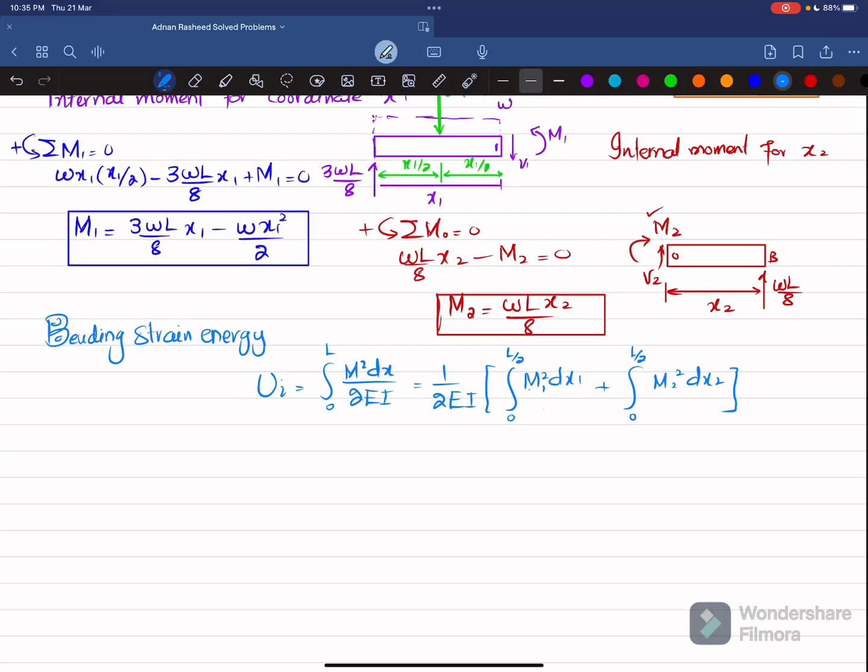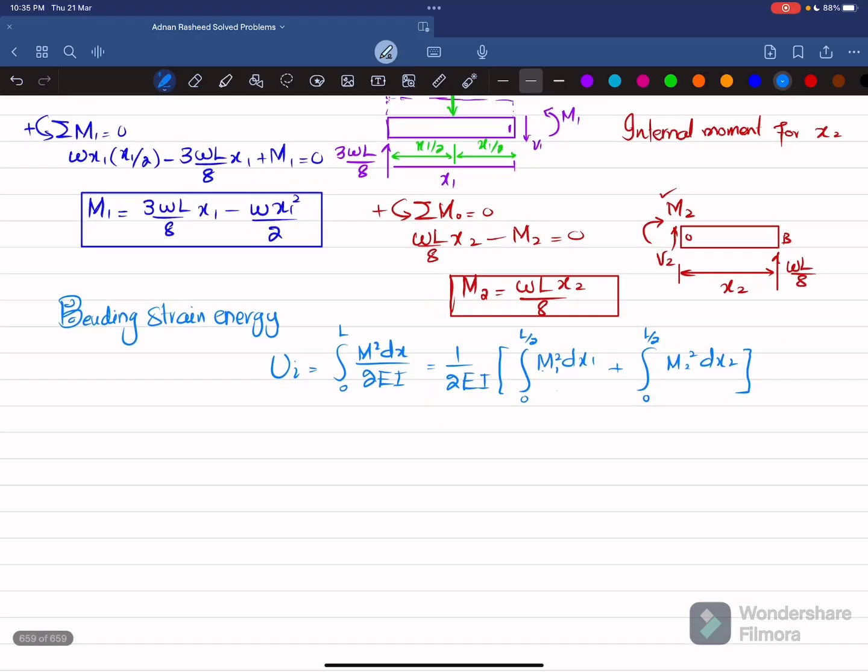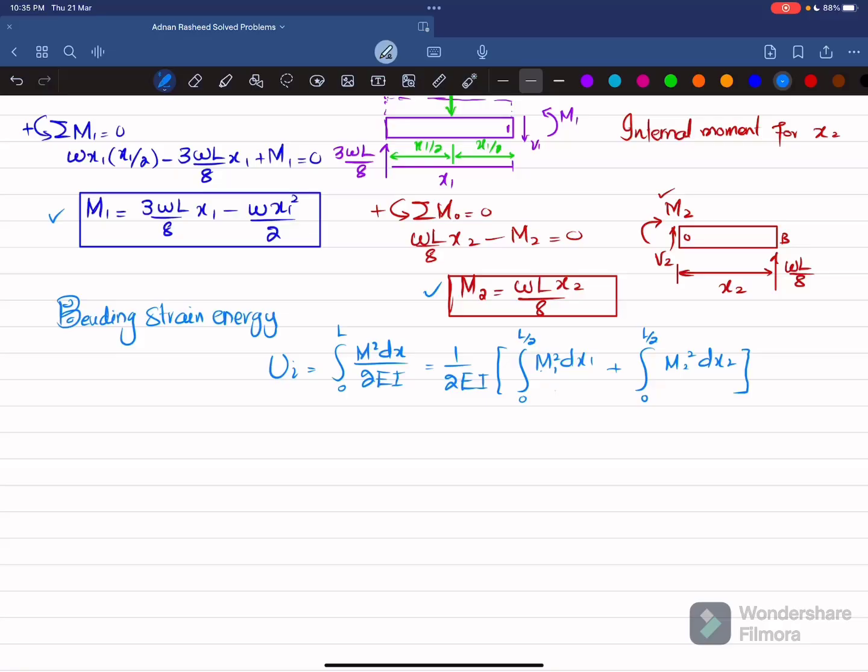Now you can just put the value of M1 and M2, which we have. M1 is this one and M2 is this one.